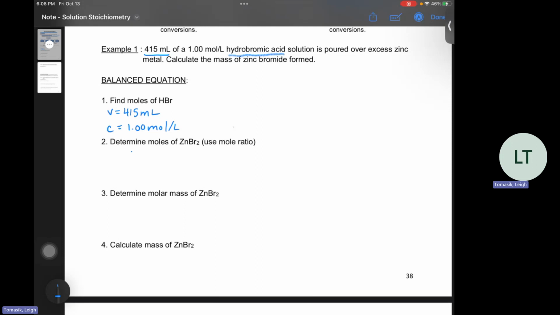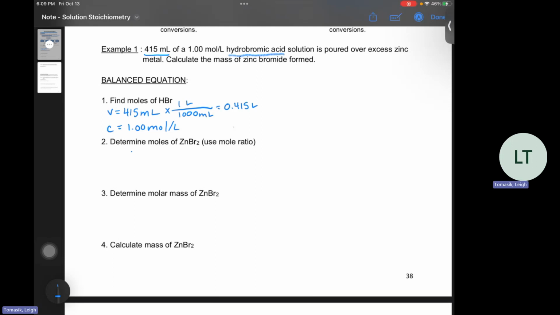Now, the problem is that they've given us the volume in milliliters, so we would need to convert that to liters. And we know that 1 liter is 1,000 milliliters. So we will end up with 0.415 liters.